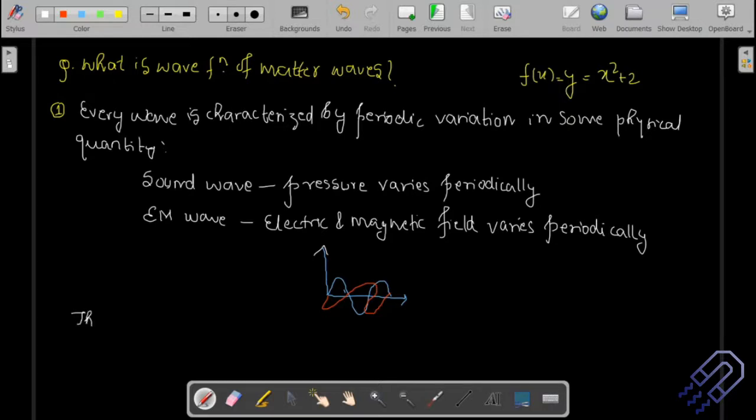So what is the quantity that varies when we are talking about matter waves? Because it's kind of different. We have already seen matter waves, we've learned about de Broglie wavelength.